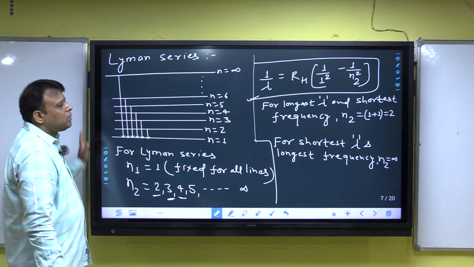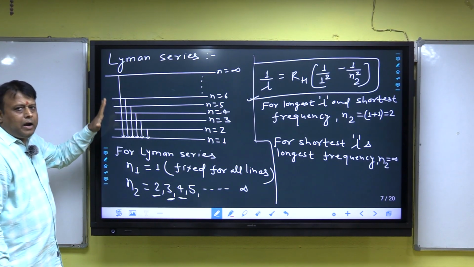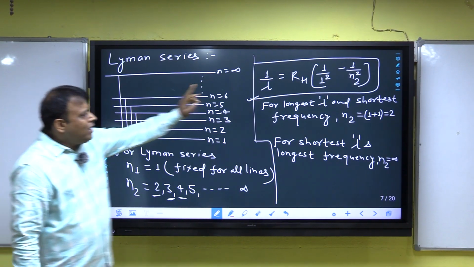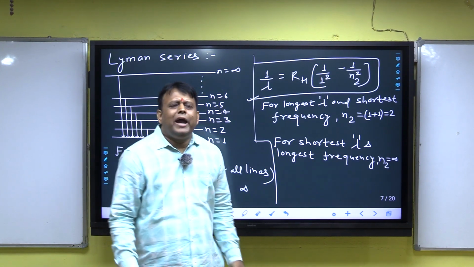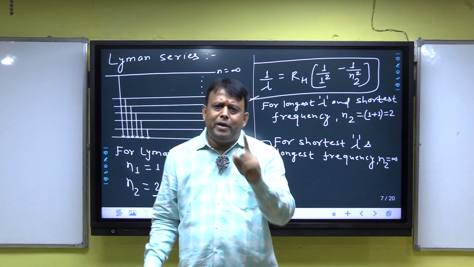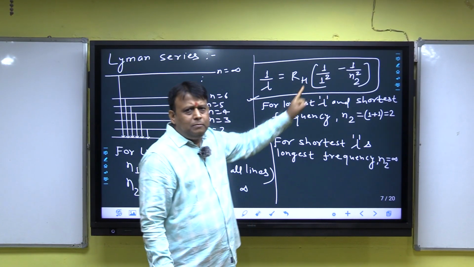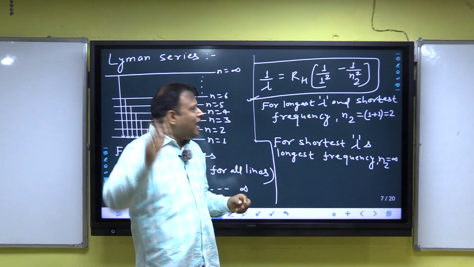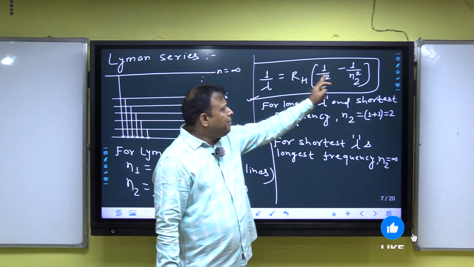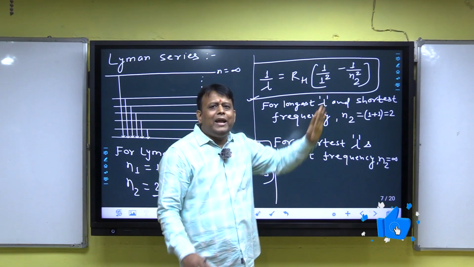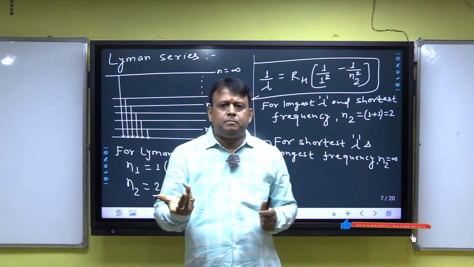Always keep in mind. Now, using the Rydberg equation, 1 by lambda equals RH times 1 by N1 square minus 1 by N2 square, and N1 is always 1 for the Lyman series. So 1 by lambda equals RH times 1 by 1 square minus 1 by N2 square, and N2 depends upon the question.